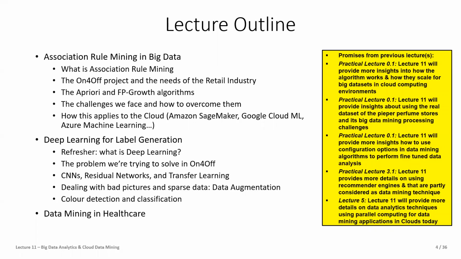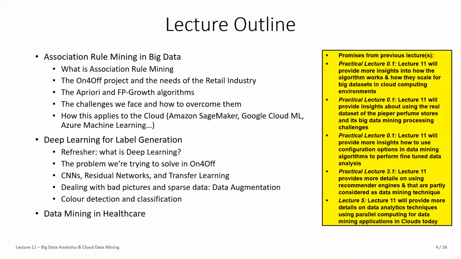And to do that, we're going to talk also about some of the algorithms that we implement in our work there. These two algorithms are the ones that are most commonly used in association rule mining. And when you use these kinds of algorithms with as big data as we have, you have to face a few challenges, and then we have to go through how we overcome these.